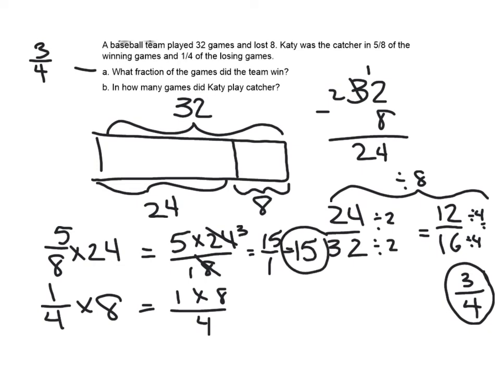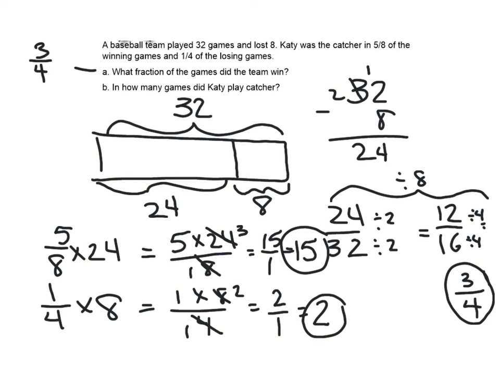So she was the catcher in 15 of the games that they won. And then I can simplify again here. 4 and 8, I can divide both of those by 4. 4 divided by 4 is 1. 8 divided by 4 is 2. 1 times 2 is 2 over 1, which is 2. So she caught in 2 of the games that they lost.